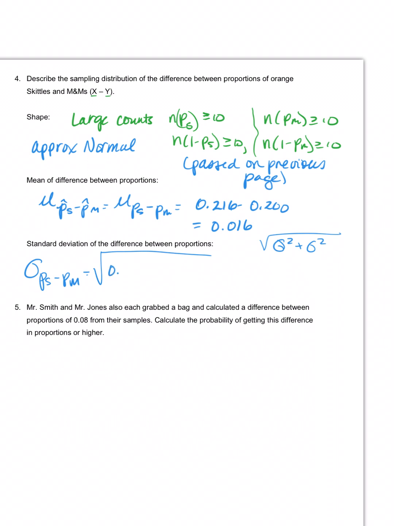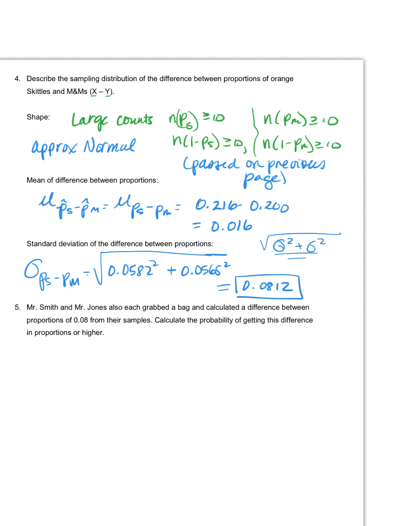The first one came out to be 0.0582, and I square it, and then I add it to the other one squared, so 0.0565 squared. It doesn't matter that they're subtracted, remember, it's always adding when we combine variances. So the standard deviation of this combination then is 0.0812.